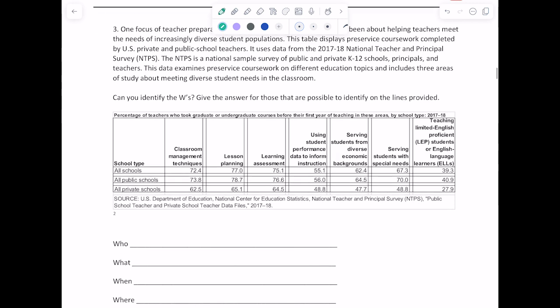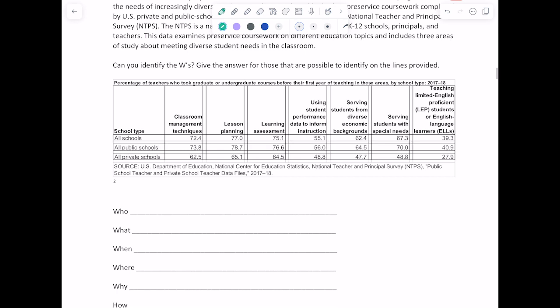Okay, so if we're looking at this table here, who are the characteristics about? If I look at each of the rows, the rows are giving us the schools, but each of those numbers would be referring to a percentage of teachers, right?